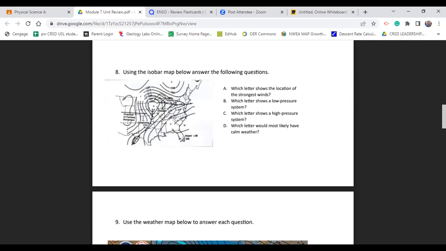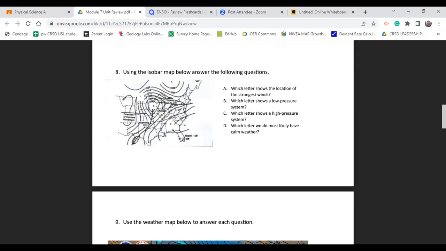So if it's a low, it's the lowest pressure in the middle and all the wind is going to the center, and then it goes up and forms storms. If it's a high pressure, it's highest in the center and the wind is pushed away from it, so you get really calm weather. Make sure you know that.